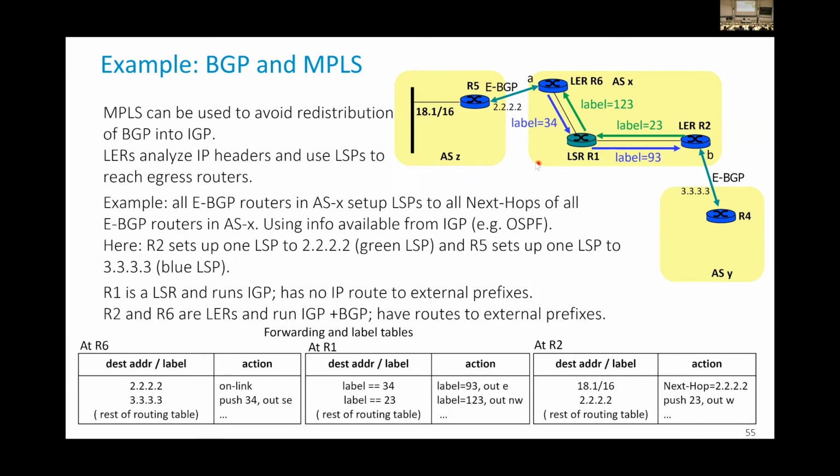When the packet comes at R6 here, it's not shown here, but at R6 we will see an instruction that says when I receive the label 123, for example, then I should pop the label, and then look at the next field that will be indicated: go to the IPv4 routing table, if this is IPv4, and the IPv4 routing table will have an entry to 2222.